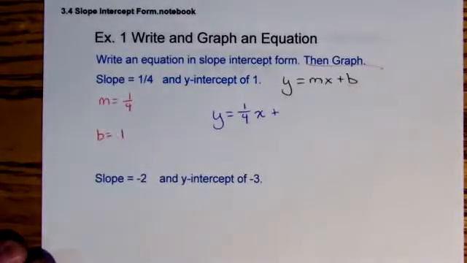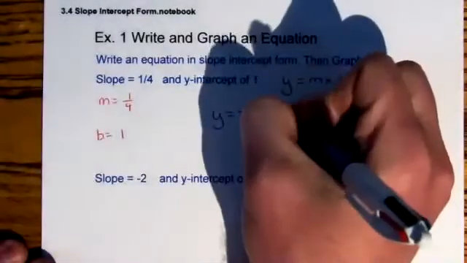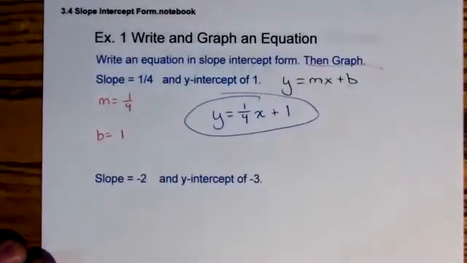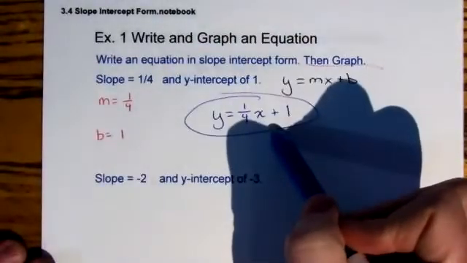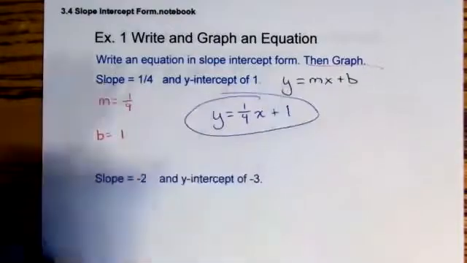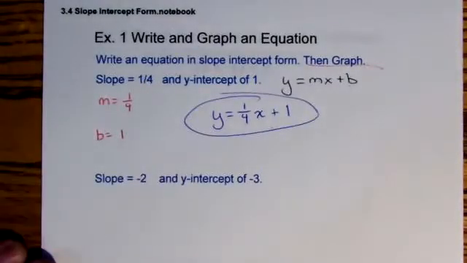Plus, in place of the b, I substitute 1, plus 1. We are done. I wrote the equation. This is the equation with a slope of 1/4 and a y-intercept of 1. I can pick these right out of here. Boom, just like that. Let's do another one.